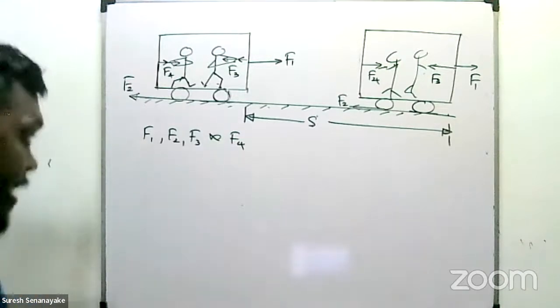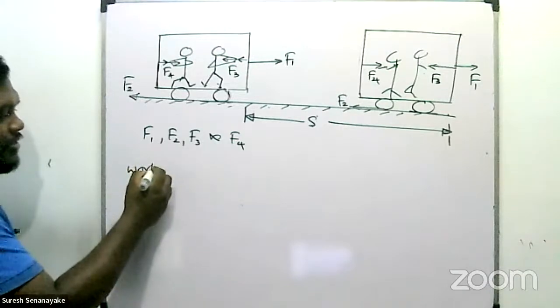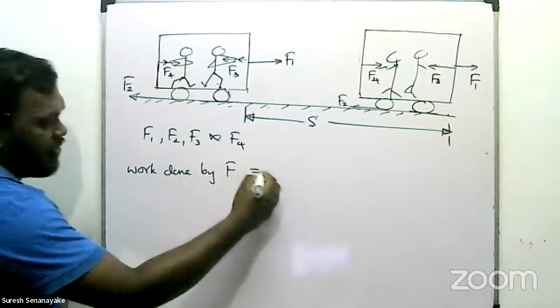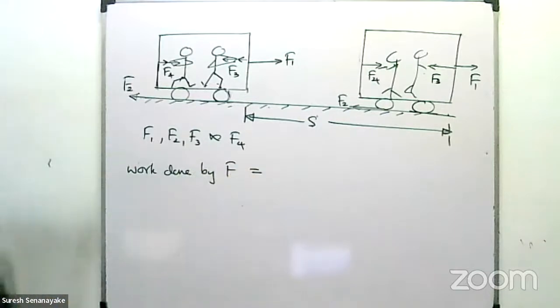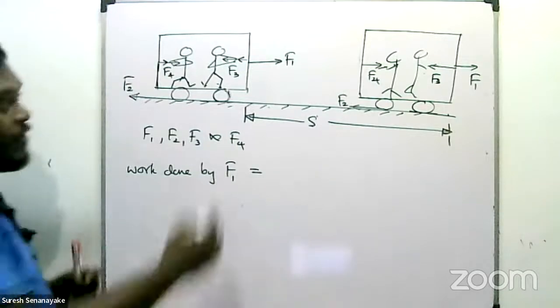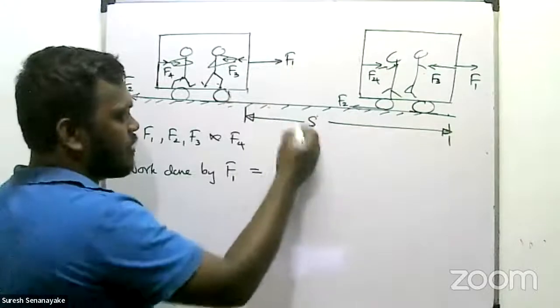Right. What is the work done by F1? F1 is acted on it, and under this force it is moving to this place.